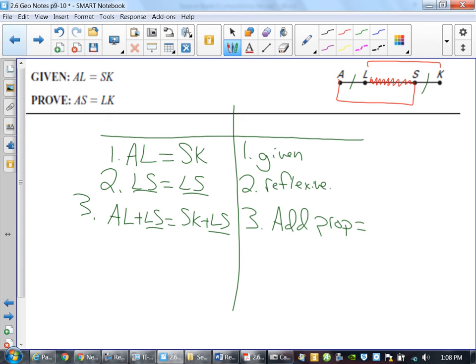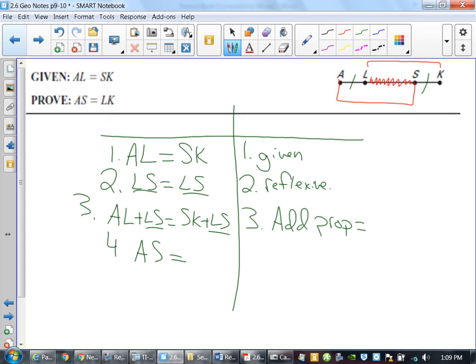So now look at what we have. What is AL plus LS equal according to our diagram? Why? What did we just do? You added 2 smaller segments to equal a larger segment. What's that called? Segment addition. 2 smaller segments add up to equal a larger. Once again, what's SK and LS?